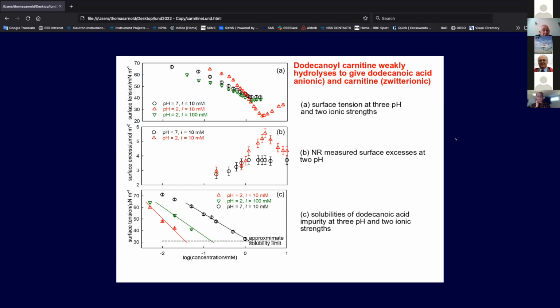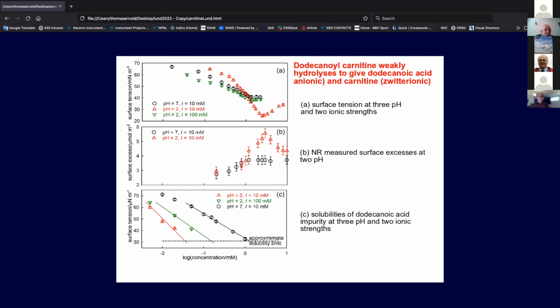If we look at pH 2, you'll see the solubility is really, really low. And if you compare it with the top, A, where the CMC is, they're all on the same concentration range. You'll see that the solubility limit of dodecanoic acid is very, very much lower than the CMC of the surfactant.